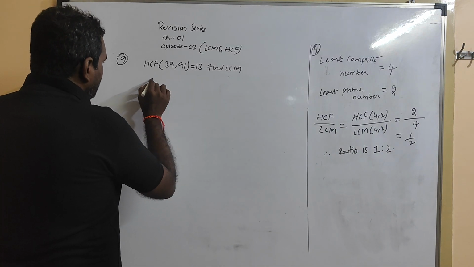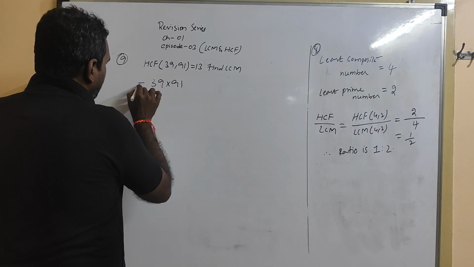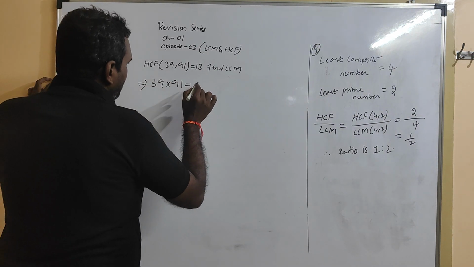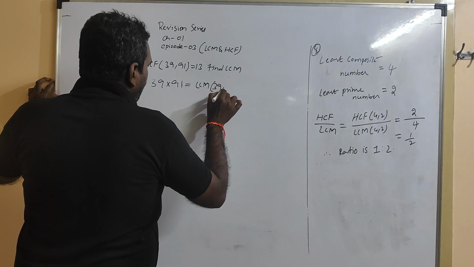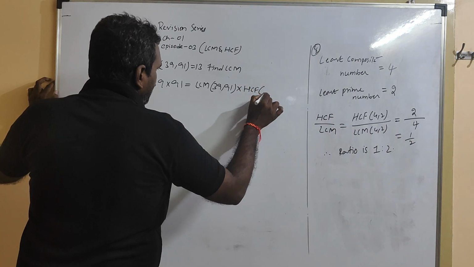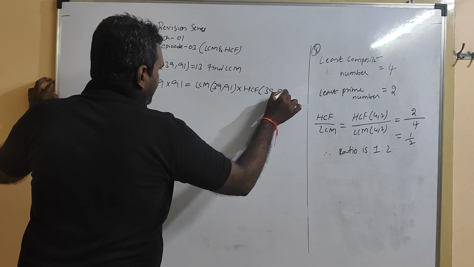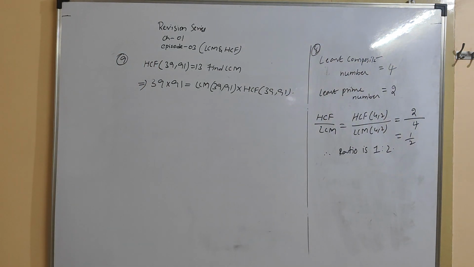Product of two numbers, 39 into 91, is equal to LCM of 39, 91 into HCF of 39, 91. Like this you have to write. Whatever question is given, this is the formula.